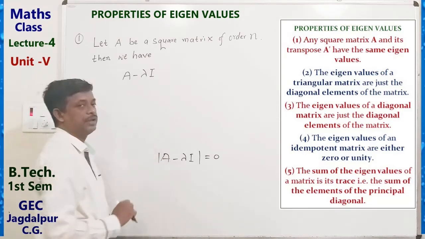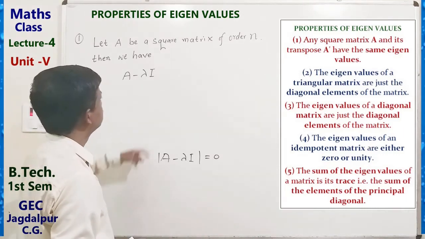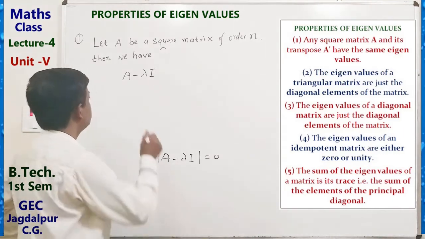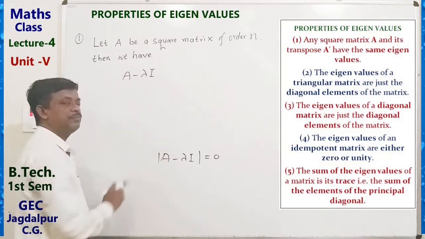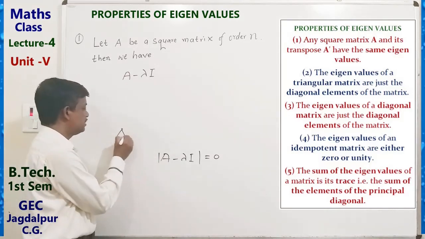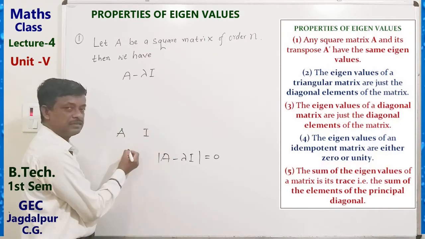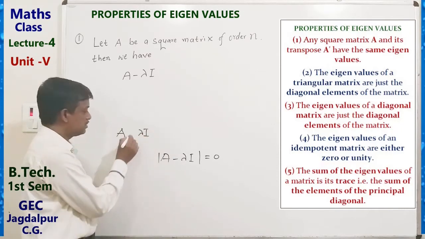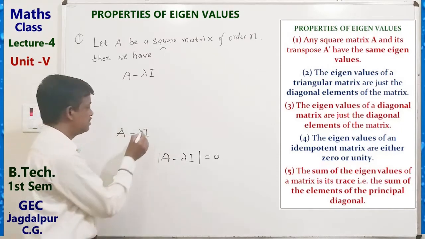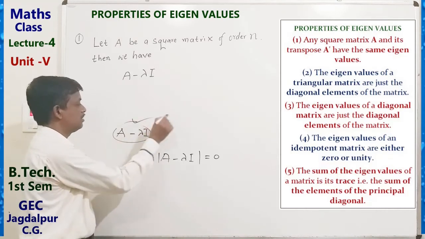So here this gives the roots, the eigenvalues of matrix A. Now, A is a matrix and I is also a matrix, lambda I is also a matrix, and the subtraction is a single matrix.